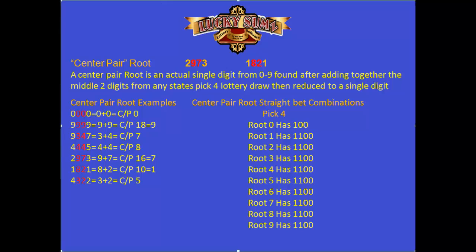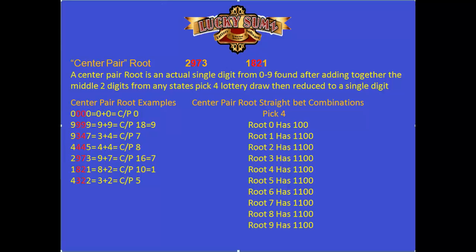9, 3, 4, 7, add together the 3 and the 4, gives you a center pair 7. 4, 4, 4, 5, add together the 4 plus 4, would give you a center pair 8. 2, 9, 7, 3 gives you a center pair 7. 1, 8, 2, 1 will give you a center pair of 1.